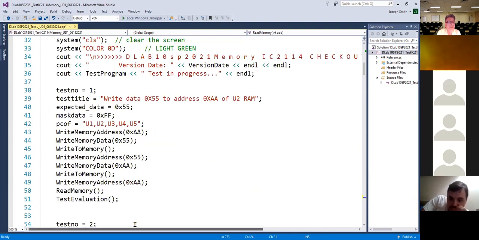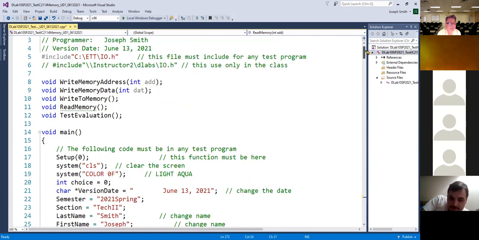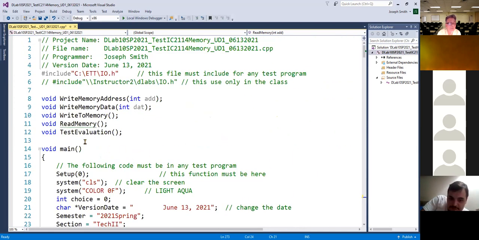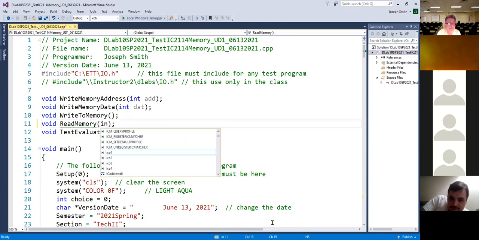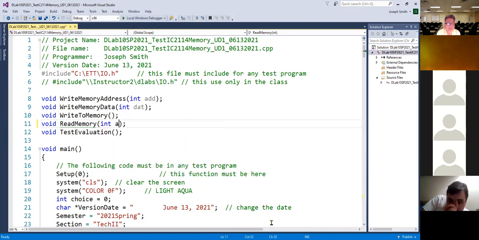Yeah, right here, read memory. No, that's the wrong location. I stopped you early. You see that? Yeah, so I got to put in integer INT ADD, space ADD. Okay.